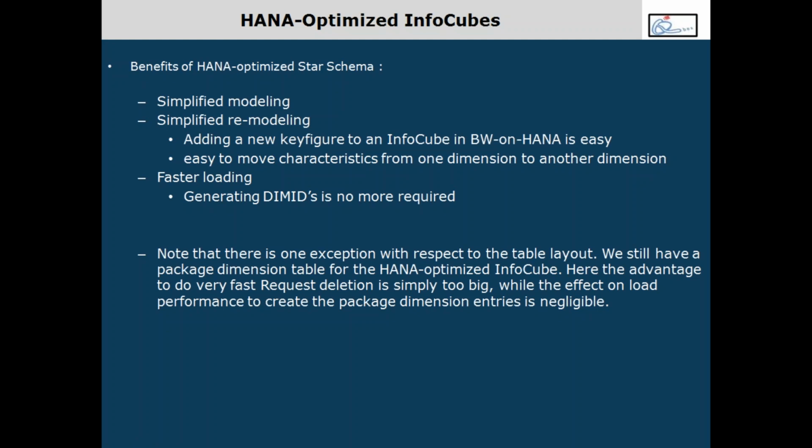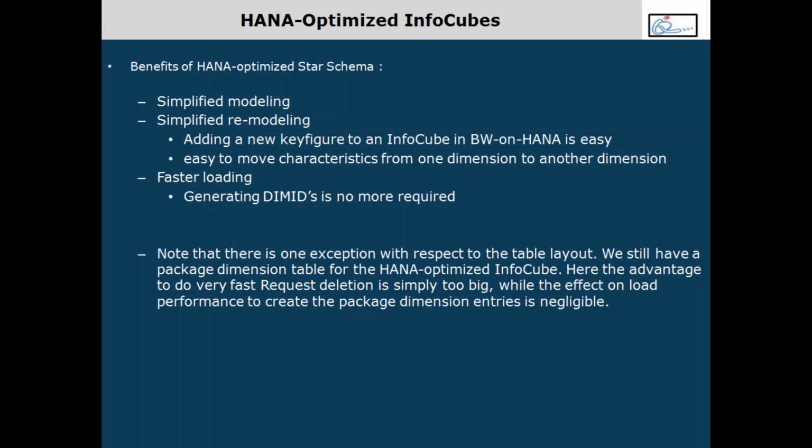In a perfect design, the size of the dimension table should not go beyond 20% of the fact table size. So we used to analyze the relationship between those characteristics: is it one to one or one to many, same dimension, many to many, different dimensions? We used to do all those kinds of analysis.